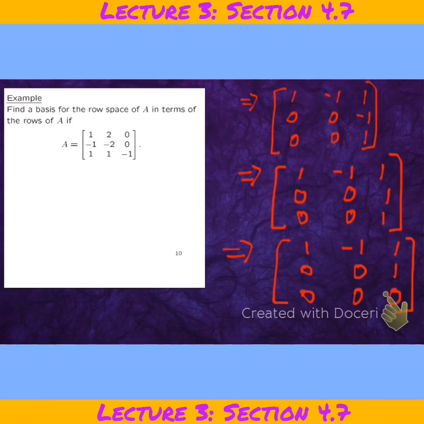Okay, now if we investigate, the columns with the leading ones are the first column and the last column. Alright, so we now need to go back to my original transpose matrix.